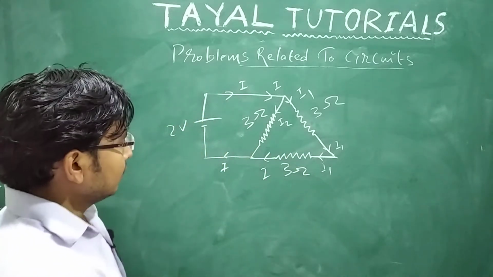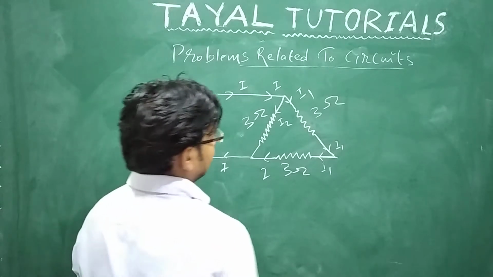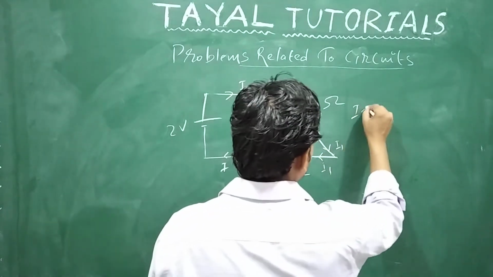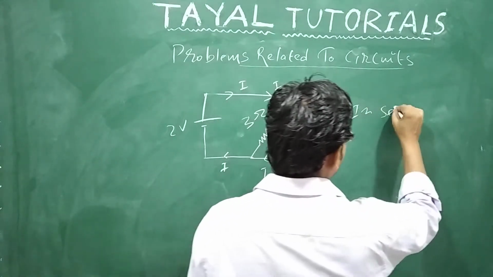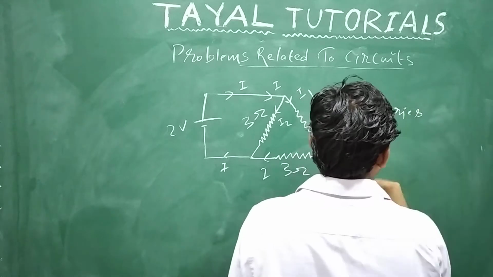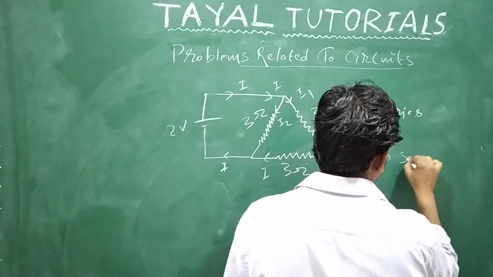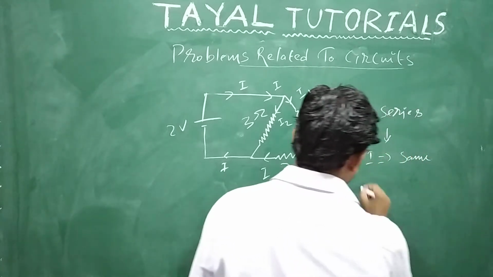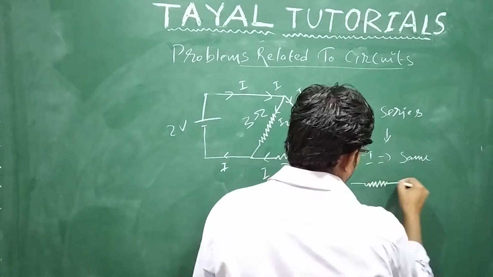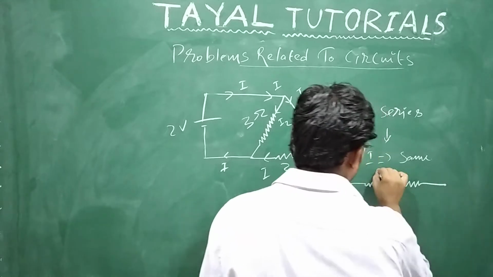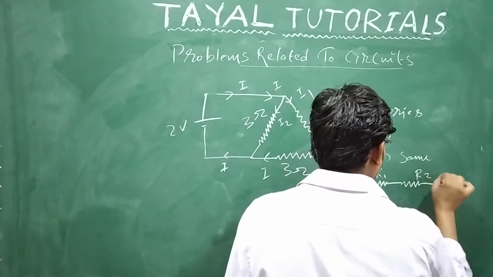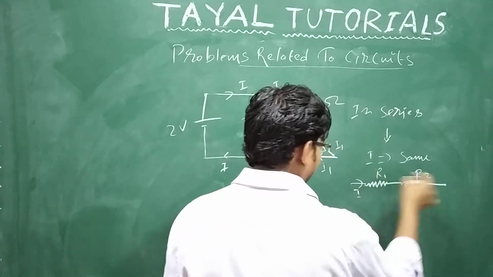So we can simply add these two resistances, because in series the current is the same. Let's say two resistances R1 and R2 are connected in series, the current is the same.